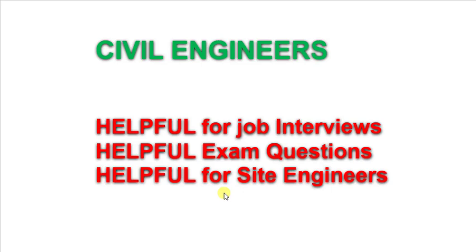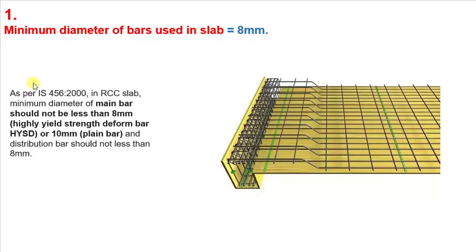Today we will start with a very basic but very important point which we need to keep in mind as a civil engineer. Actually, this is repeatedly asked in various exams and job interviews. So in this series, our first point which we are going to discuss is this one. Most of the time we ask this question maybe in exams as MCQs, or maybe during an interview.